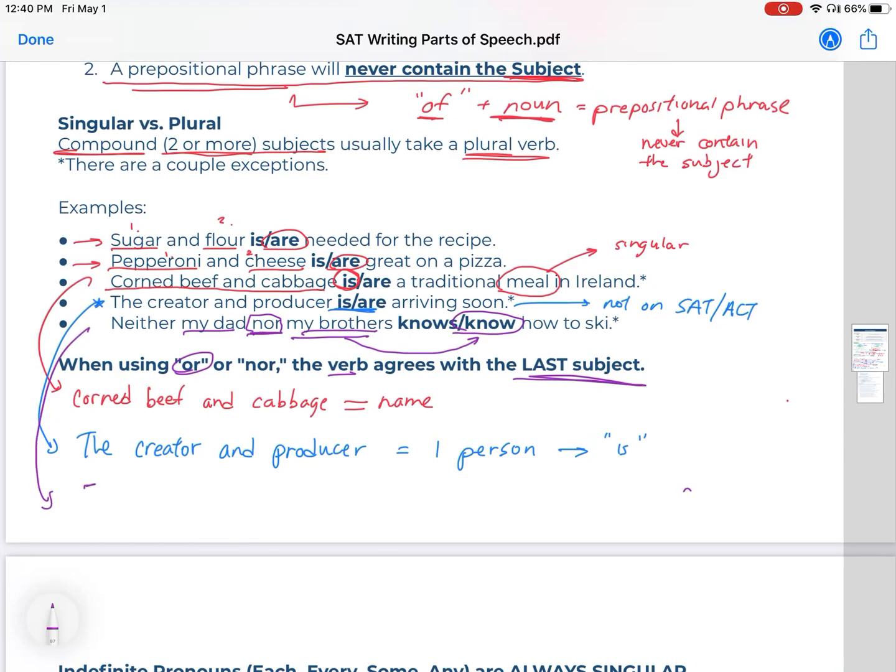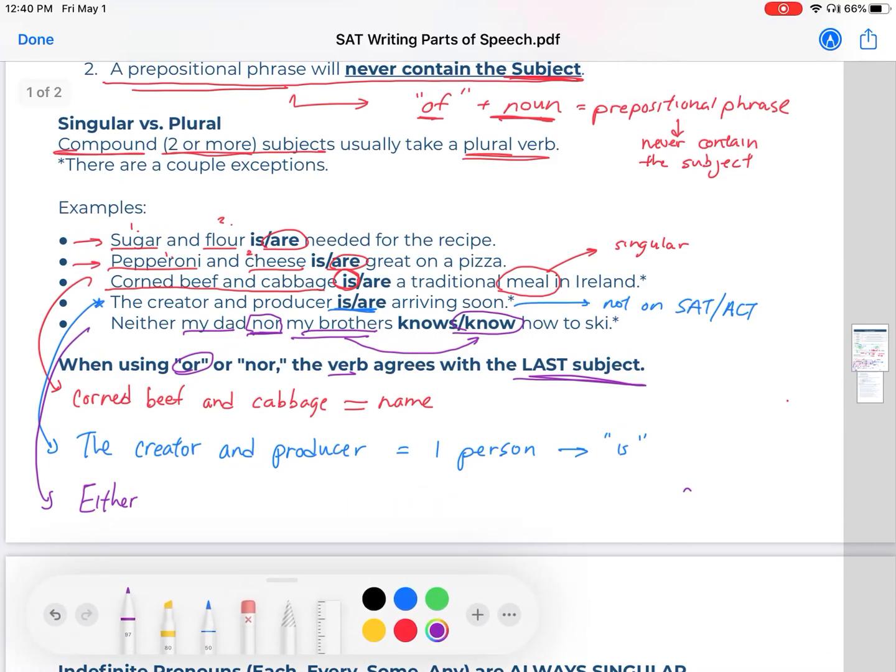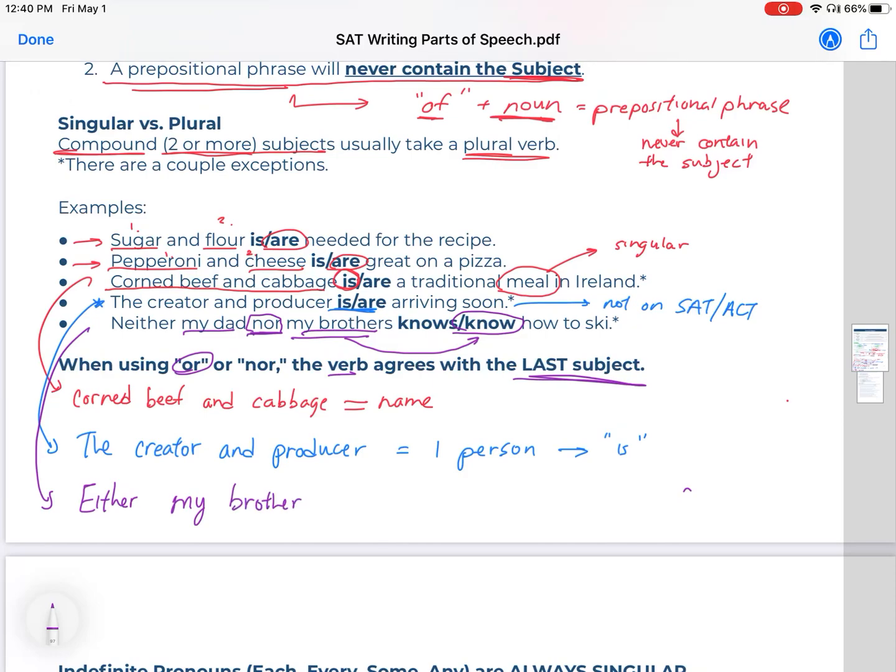Interestingly enough, I could flip this and I could say either my dad or my brothers. I'm sorry. I meant to change the order of these. So if I change the order and say either my brothers or my dad, then it would be knows how to ski.